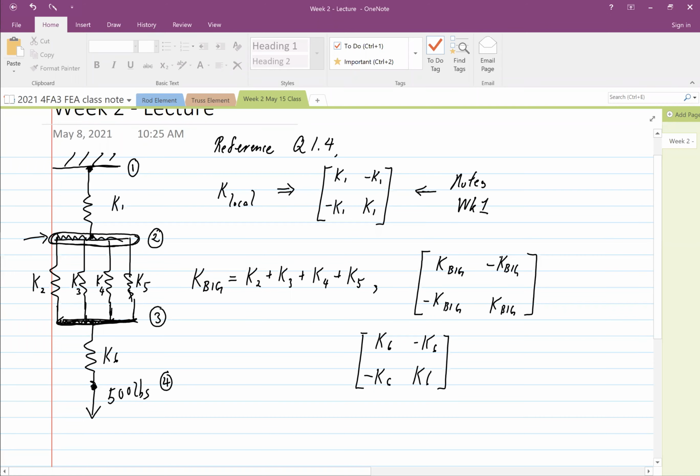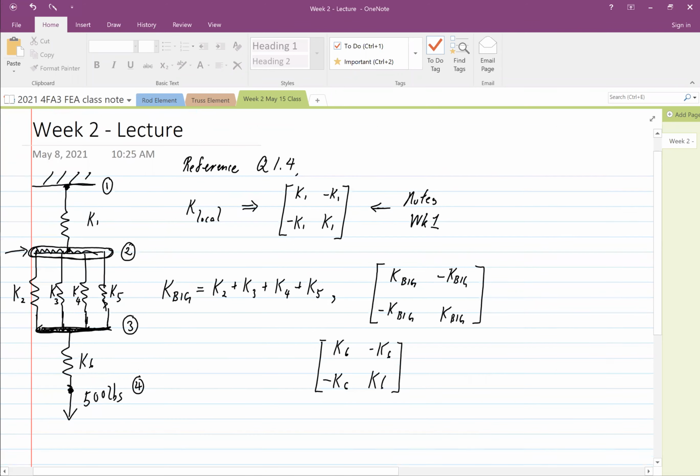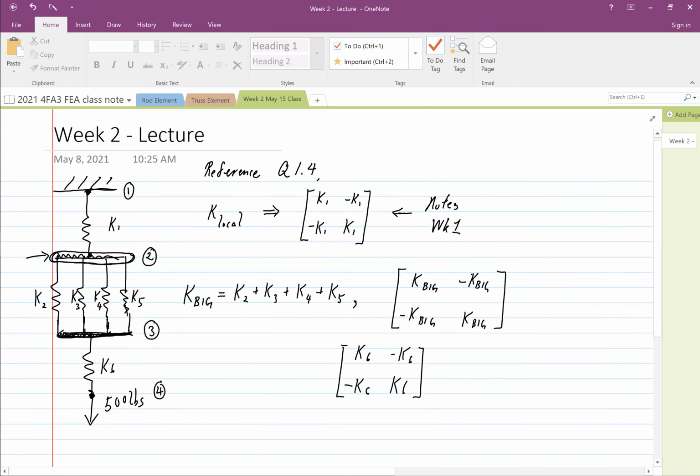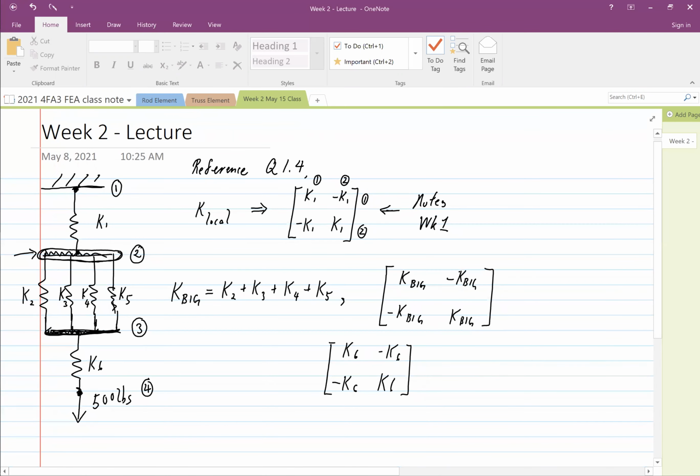Okay, now it's very important here. Now we have 3 local matrices, but what nodes do they look after? For the first matrix, the nodes they look after are node 1 and node 2. The second matrix, the thick, big matrix, looks after nodes 2 and 3.